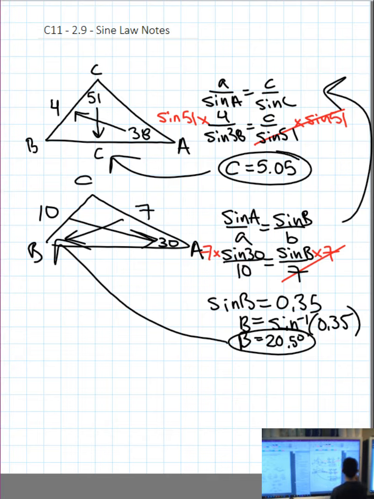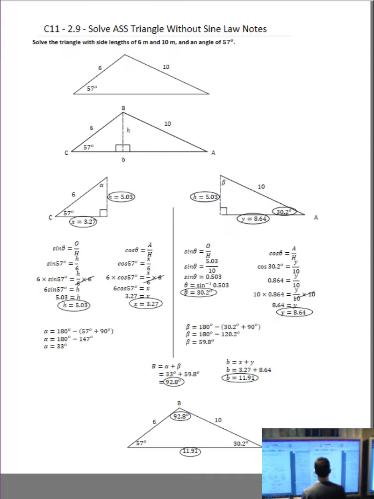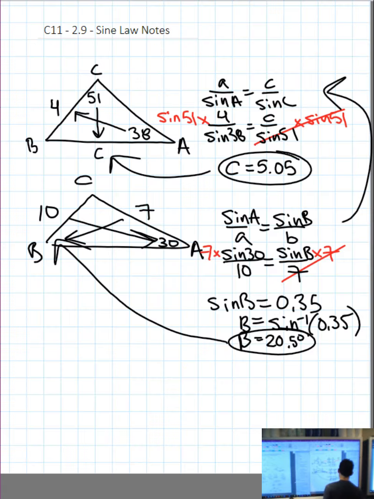So, again, the sine law that we just did, and then the grade 9 or 10 way: cut the triangle in half vertically, separate your two triangles, do a whole bunch of SOHCAHTOA. Or we just do the sine law. Again, we can do the sine law if we have an opposite pair and one other piece of information.